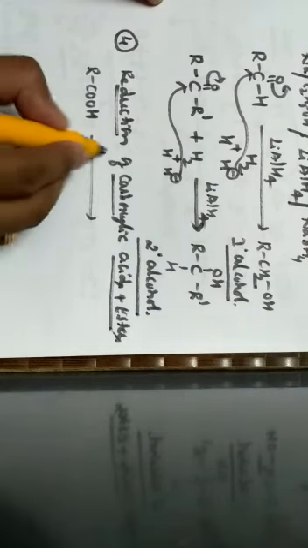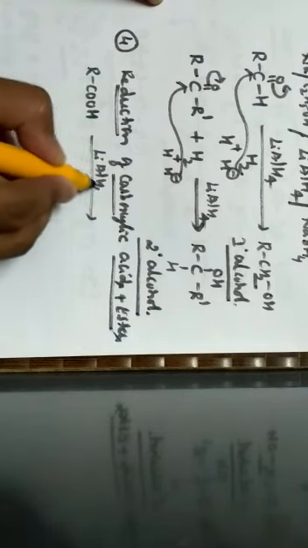Here, when I consider a carboxylic acid, which is represented by RCOOH, and it is subjected to reduction by using a strong reducing agent like lithium aluminum hydride, this carboxylic acid can be represented as RC double bond O single bond OH.